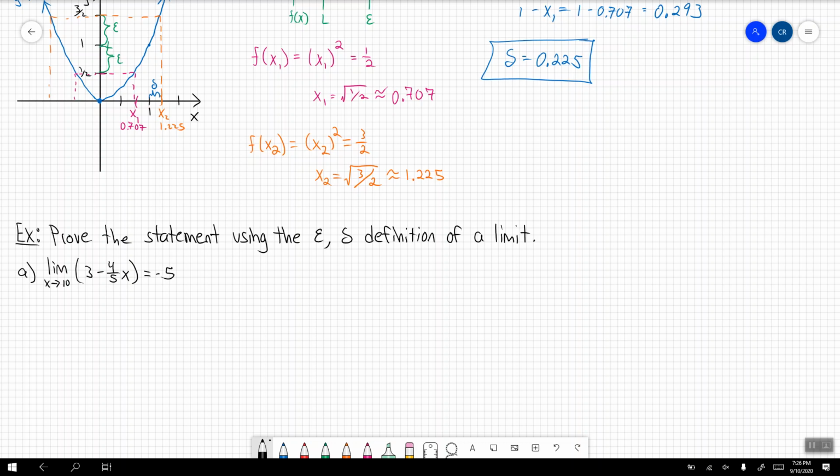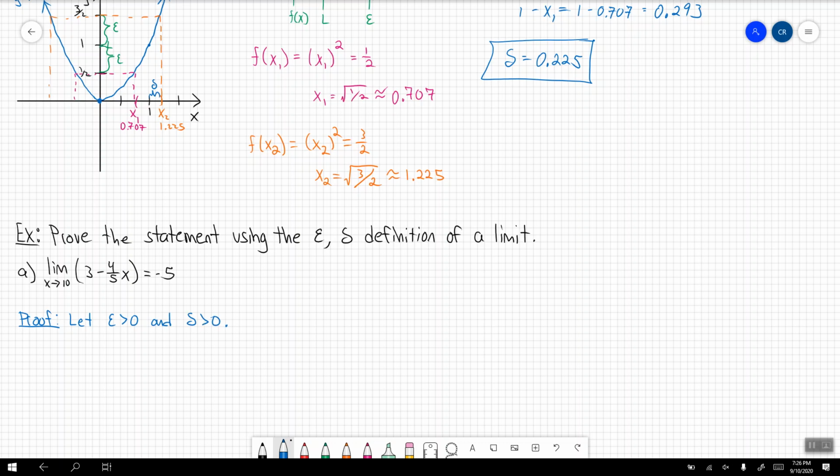So what we want to do then is start our proof in this manner. We want to say let epsilon be greater than 0 and delta be greater than 0.